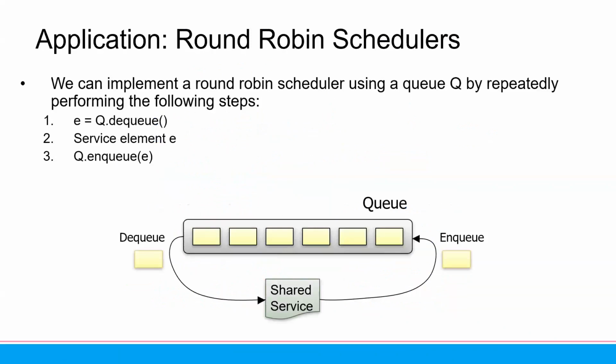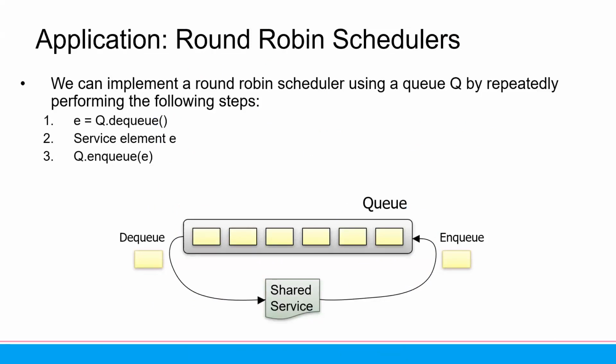This is what you can see in some of the applications. There's one application, we call it Round Robin Schedulers. And usually this is used in applications with queues, in simulation, or in manufacturing.